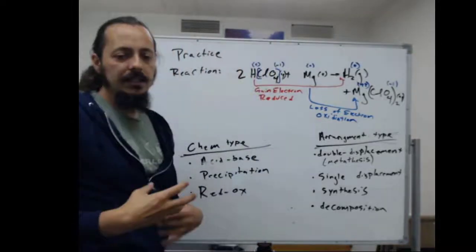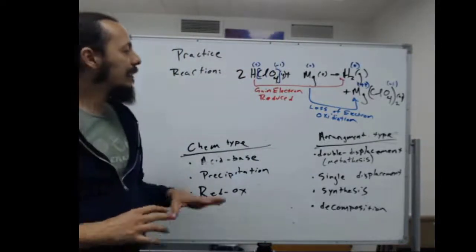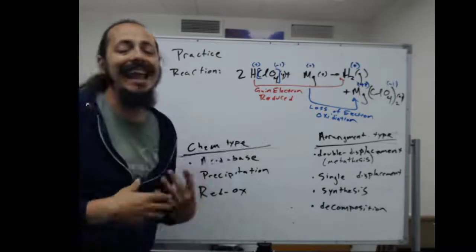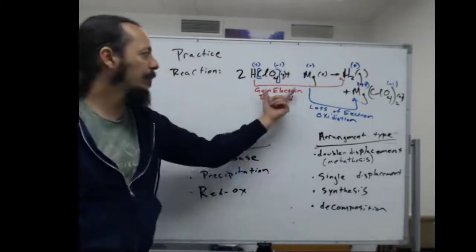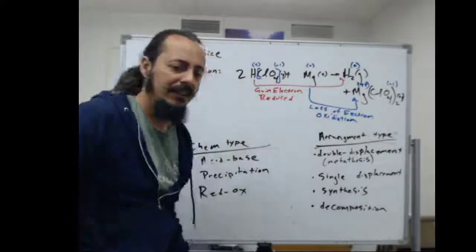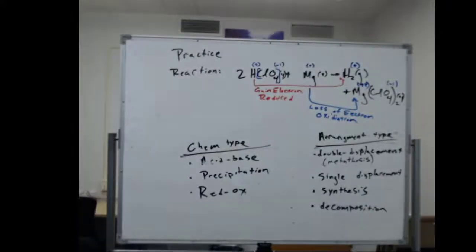Part of what really messes students up with this is just the idea of gaining negatives, right? We're gaining negatives or we're losing negatives. So we're becoming more positive, and that's the kind of like flipping it both directions in our head.